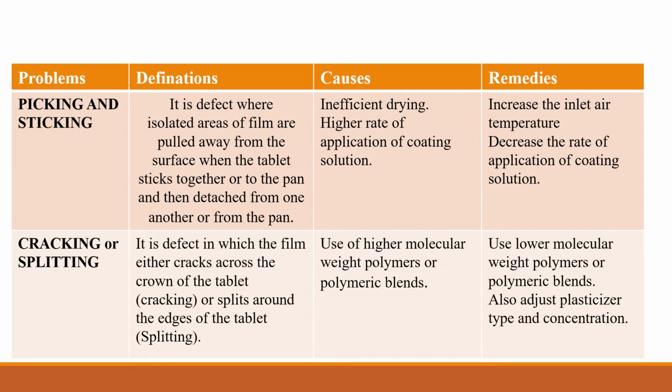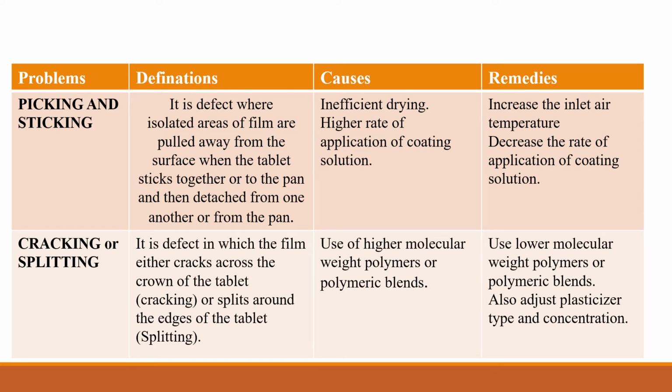Next, cracking or splitting. So what is it, how is it done? It is a defect in which the film either cracks across the crown of the tablet or splits around the edges of the tablets. So what are the causes? We need to use higher molecular weight polymers like Carbopol 900, 950, like that.